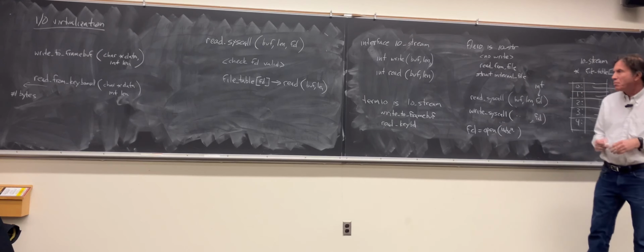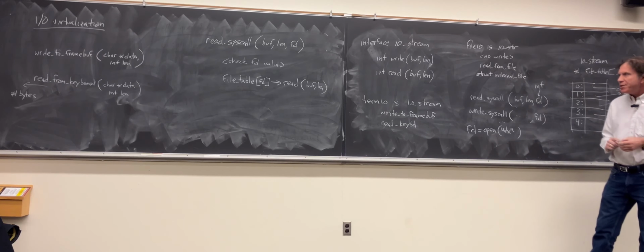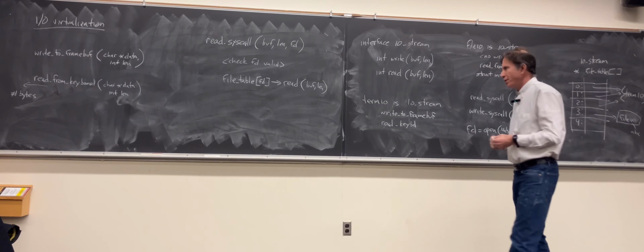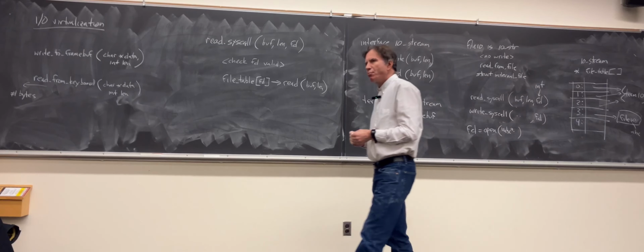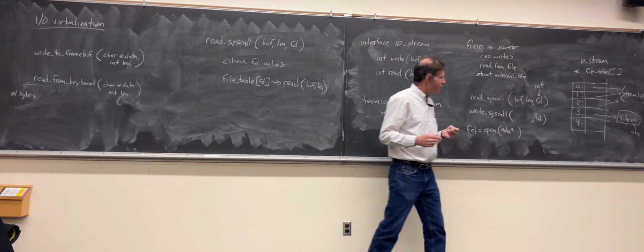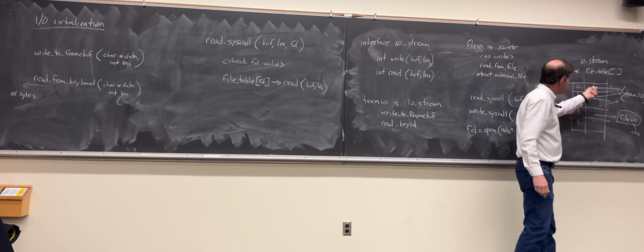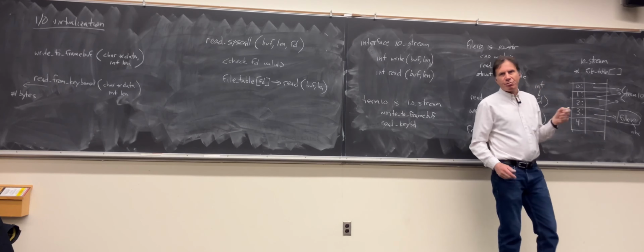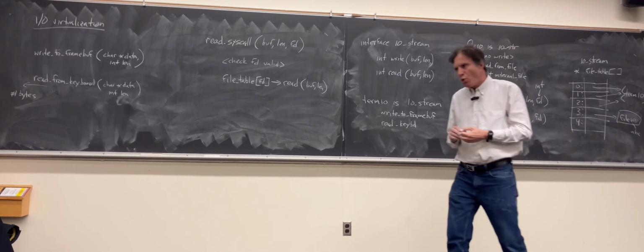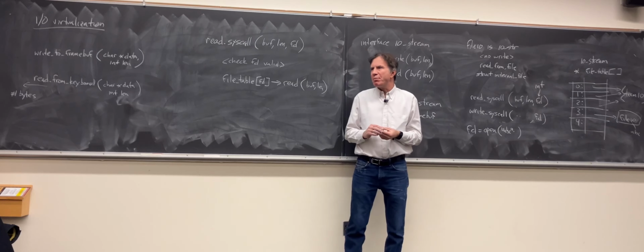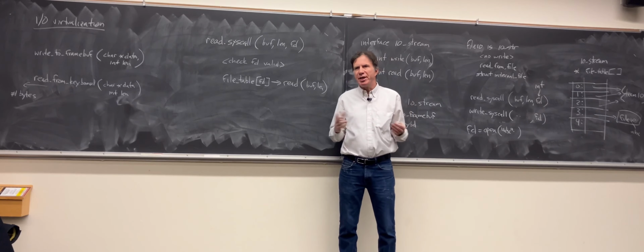And this is basically how Unix I/O works: your process has a file table in the kernel, and that file table has pointers in it to structures which vary depending on the type of I/O stream it is.